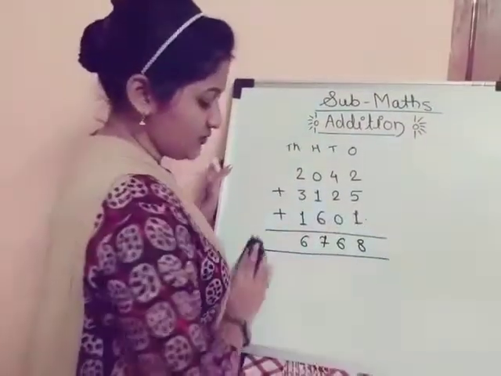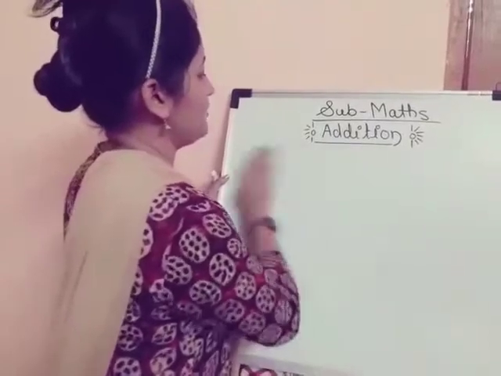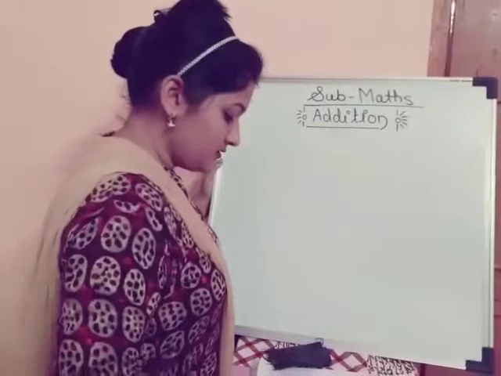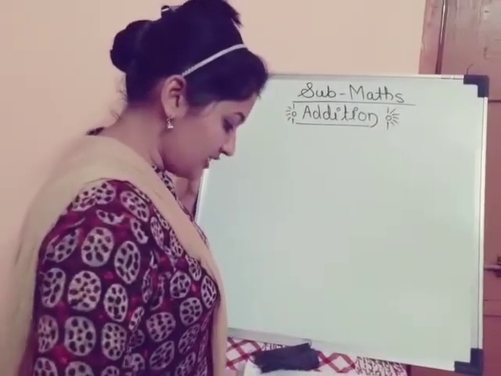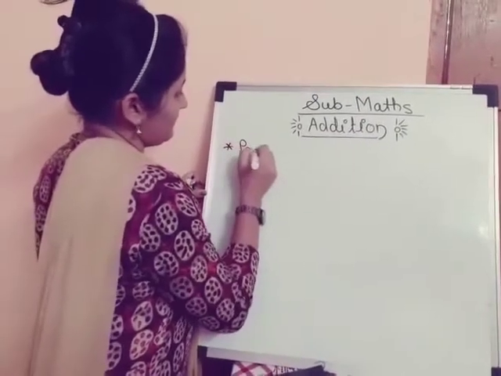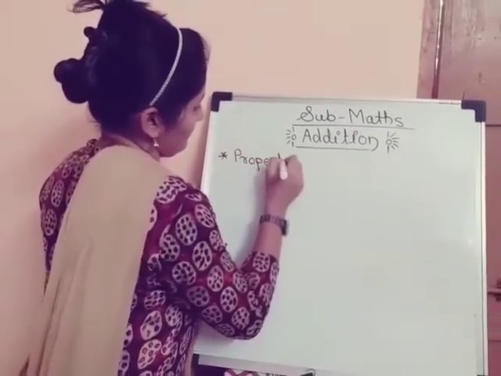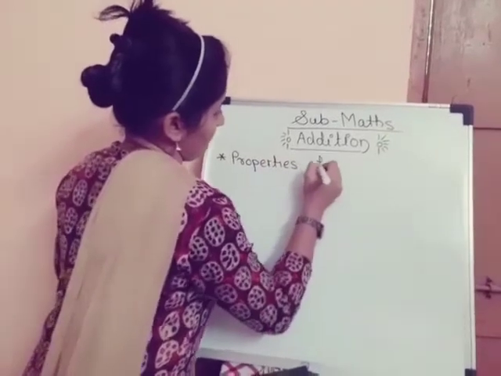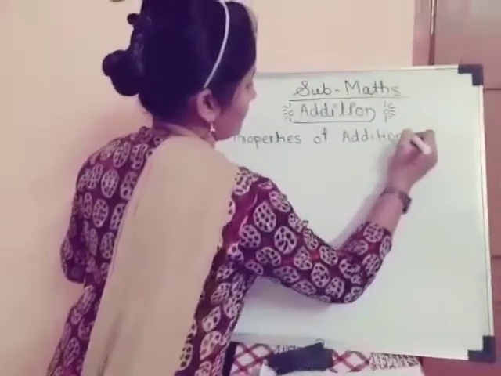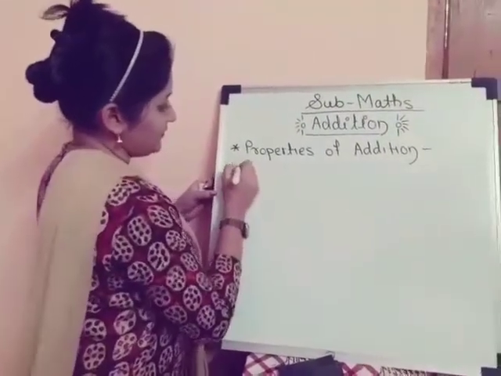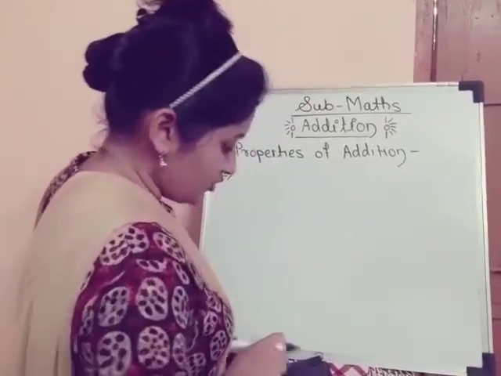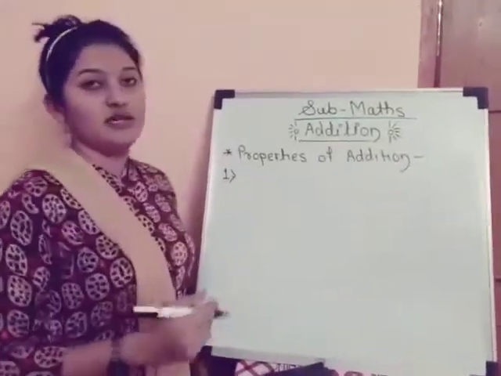The next concept from this topic is properties of addition. Properties of addition are really simple. There are 4 properties of addition. The first property is that when you add a number with 0, you will get the number itself.